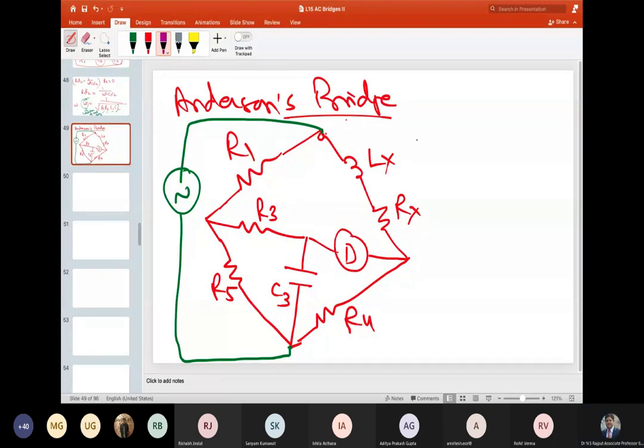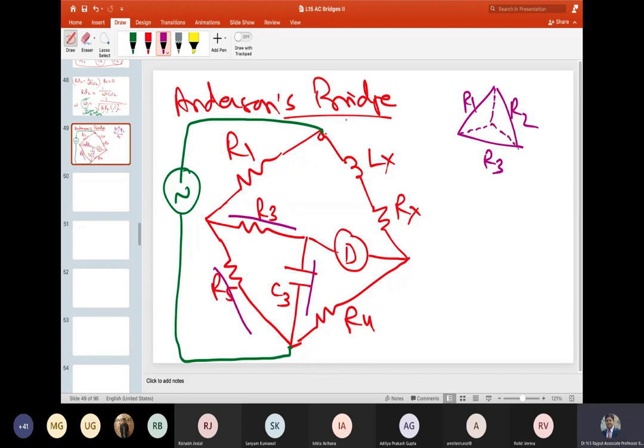So what we will do is, can you see that this is a delta? So this is a delta, right? If I understand it as R1, R2 and R3, this can be broken into a star, right?